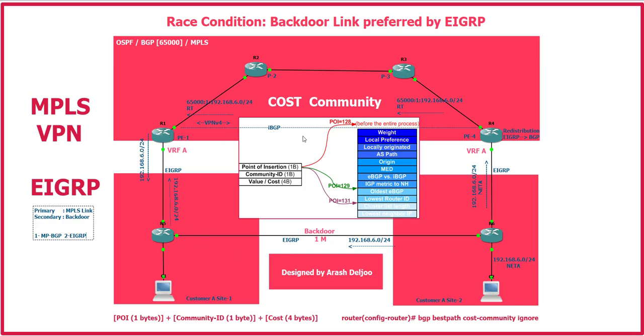And you know that from R4, the metric of R4 to these networks should be sent to, for example, R1 with the MED attribute. In the MED attribute, you will see the metric from R4 to this network. Let me calculate the metric from here.